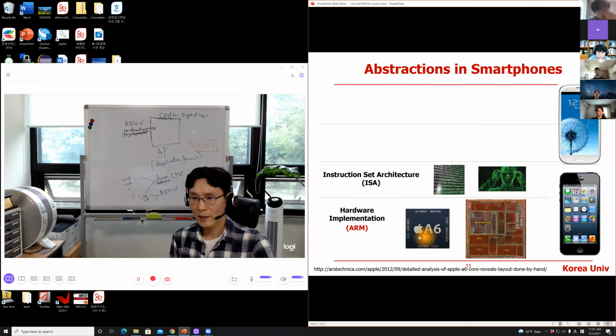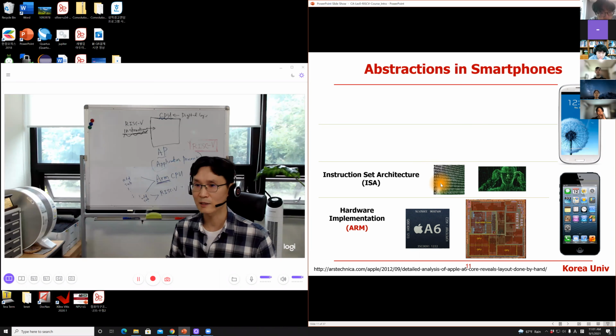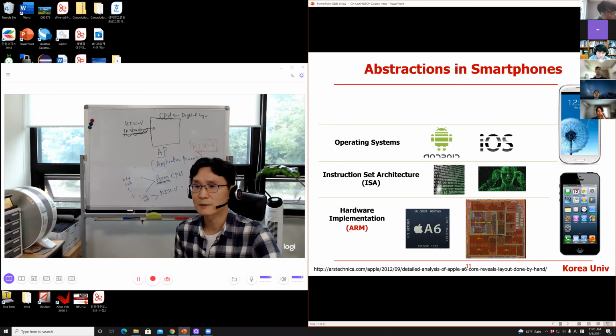So ARM CPU is providing instructions, but instructions are also very complicated. So the smartphone provides the next abstraction layer, called Android or iOS, right?